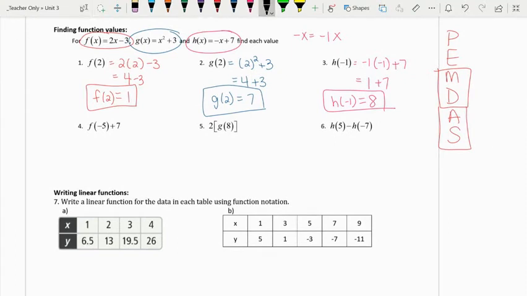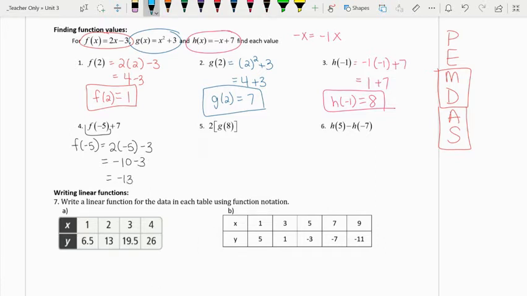Okay, so then we get into 4, 5, 6. These ones might have stumped you a little bit. What we're doing on number 4 is we're taking what f of negative 5 is, and then we're going to add 7 to it. So I would just focus on f of negative 5. If we plug that in, we'd get 2 times negative 5 minus 3, which is negative 10 minus 3, which is negative 13.